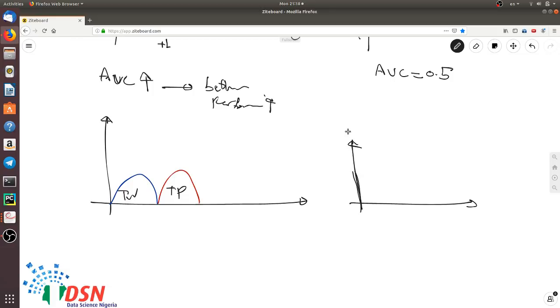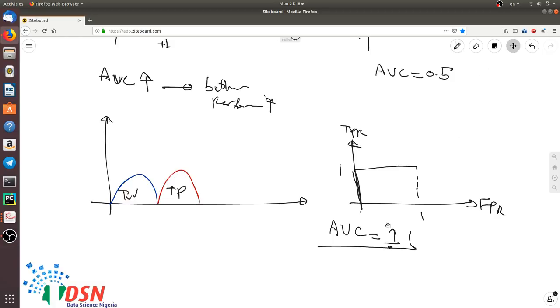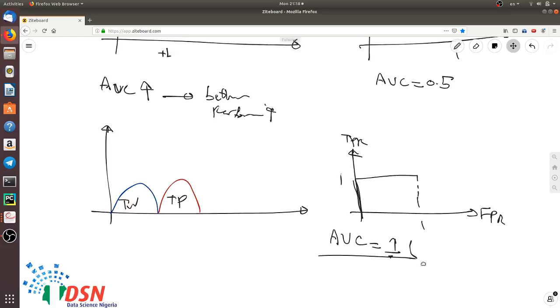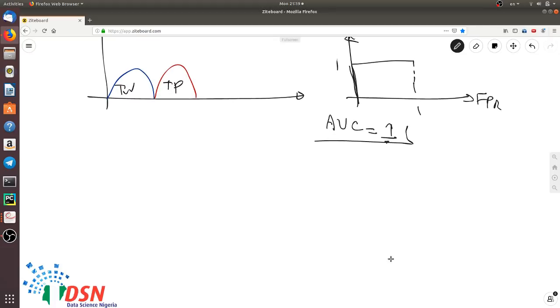The true positive rate jumps up to 1, and you will have something like this. In this case, the AUC is 1, and it means that you have a very good classifier, and your classifier has enough capability to separate between these two classes. So the AUC is between 0 and 1, and higher is better. It is a performance measurement for you to use.